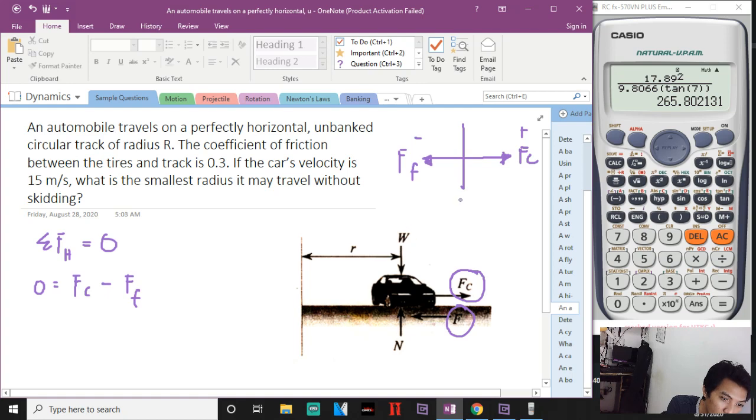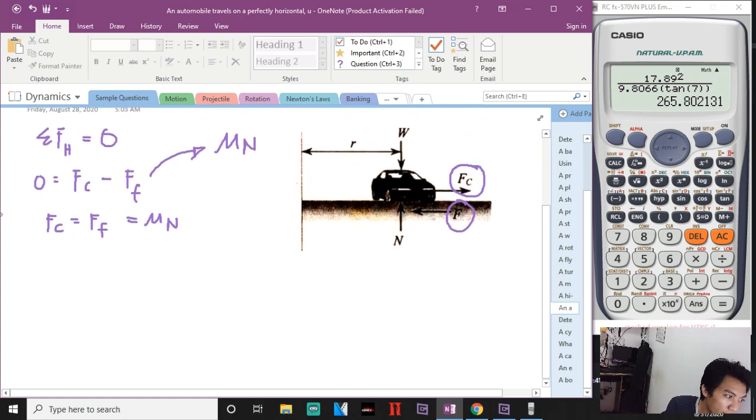Meron ka ditong weight na pababa. Meron ka namang normal force na pataas. So, magsa-summation of forces ka. Simplify ko muna to. FC equal to FF. Frictional. Take note, di ba? Yung FF natin is mu normal force. Okay? Equal to mu times normal force.